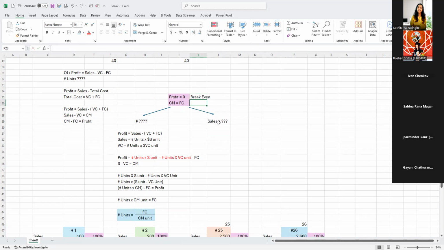Why is it break even? Because sales are equal to the total cost. So now let's go with the sales. How much should my sales be in order to cover all my expenses? We're going to start with this formula: contribution margin should be equal to the fixed cost.